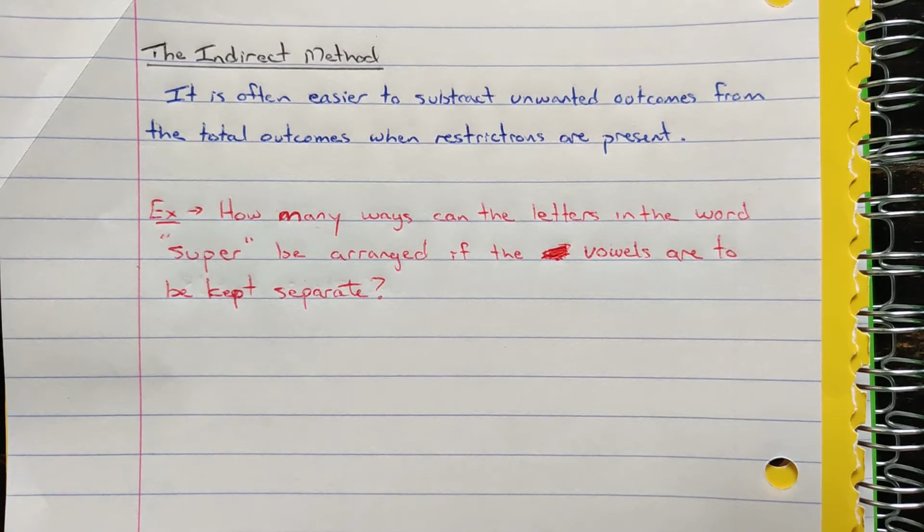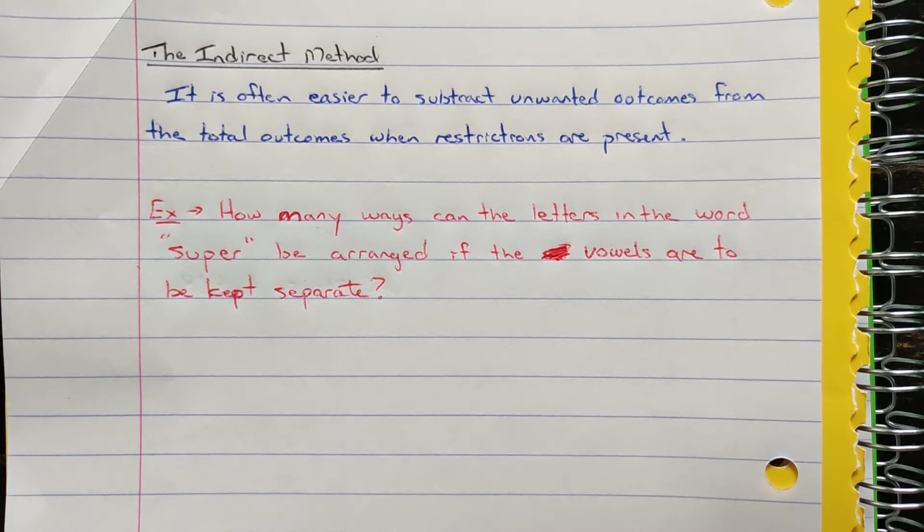And we just wanted to know the number of arrangements of selecting 1, 2, 3, 4, 5, 6, 7, or 8. That's 8 different calculations. But we could just do 2 calculations of 9 and 10, selecting 9 or selecting 10 of the items, and then subtracting that from the total outcomes.